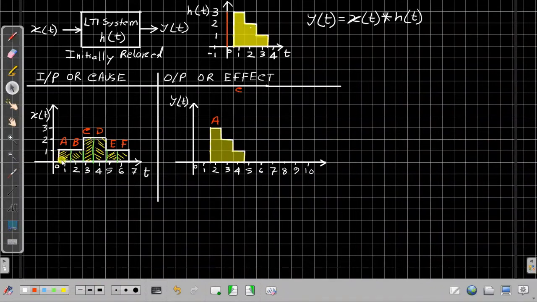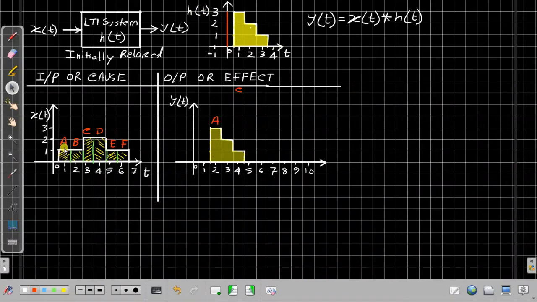Let us consider only one slice of the input and the effect of that one slice. Consider slice A. Slice A is so narrow, so thin, that it occurs at one particular instant of time, but its effect lasts for a longer duration depending on the width of the given impulse response.